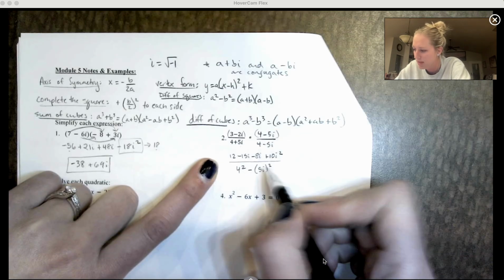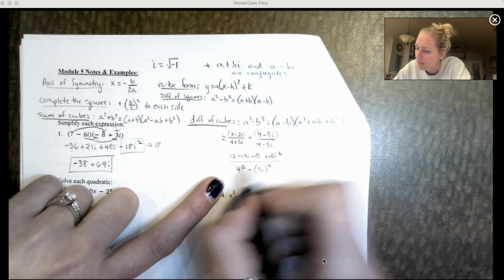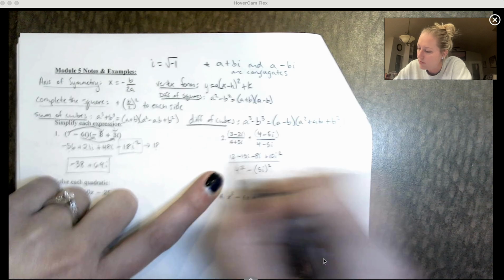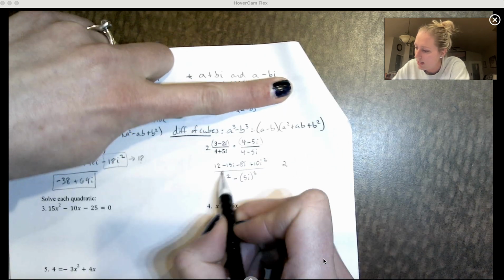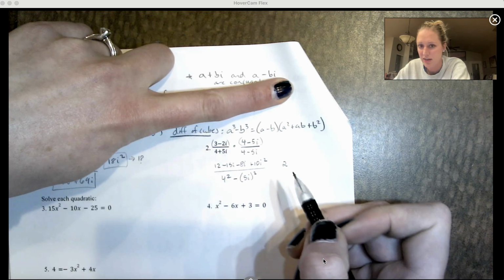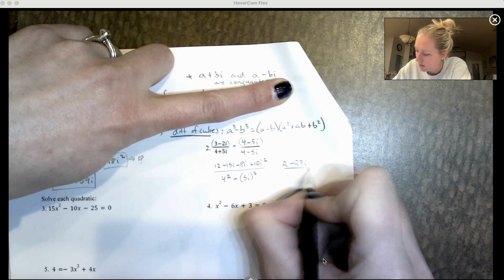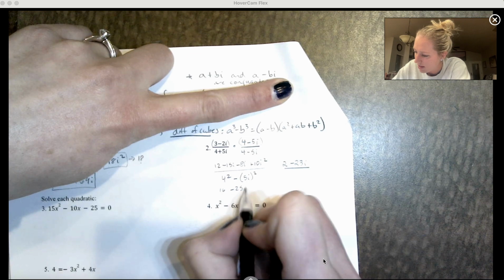Okay. So now I'll do a little simplifying. So we have a couple of i squareds in here. So this one's going to turn to negative 10. Negative 10 plus 12 is 2. And negative 15i minus 8i is negative 23i. On the bottom, I have 16 minus 25i squared.